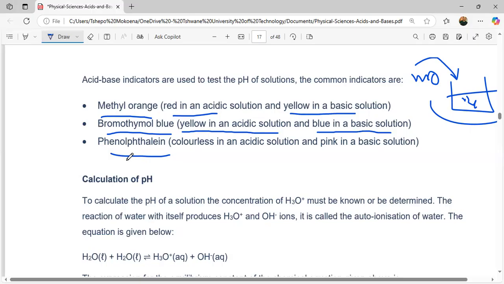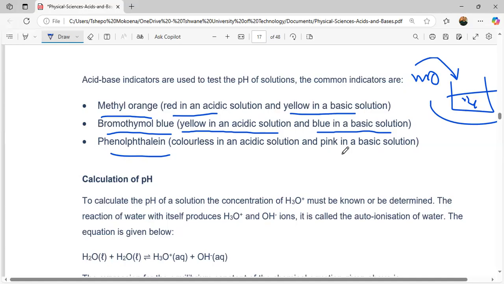And then phenolphthalein. If you add phenolphthalein to an acidic solution, it will stay colorless. If the solution doesn't change, it is colorless, clear in color, then when you have the phenolphthalein inside during titration and it's colorless, that means the solution is acidic.